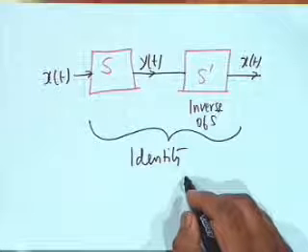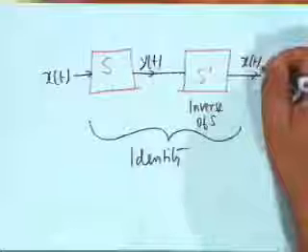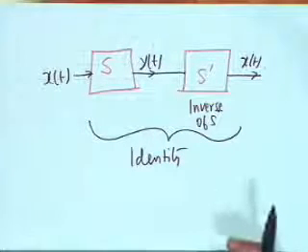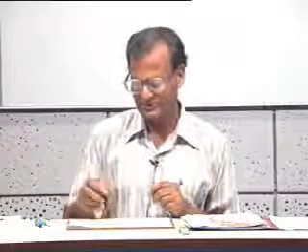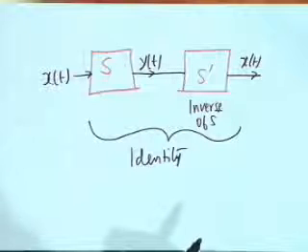Isn't that right? The combination of S and S prime takes x of t and produces x of t, and therefore it is an identity system. That is, it produces an output which is identical to its input, and therefore a system will be invertible if it can be converted to an identity system by cascading another suitable system.